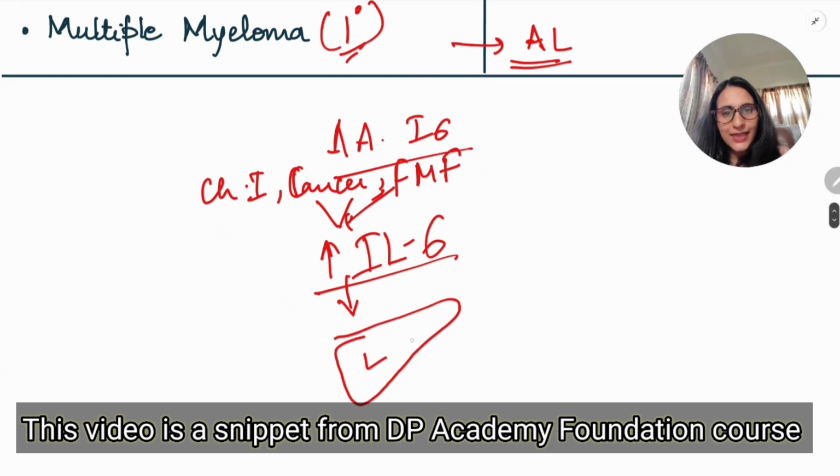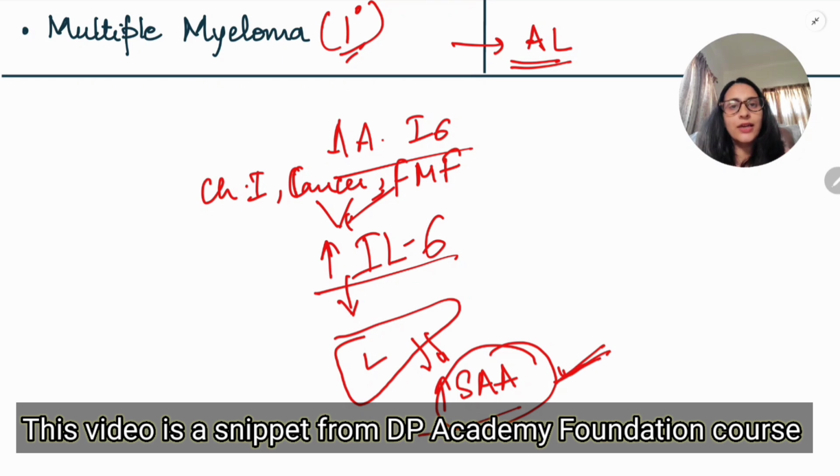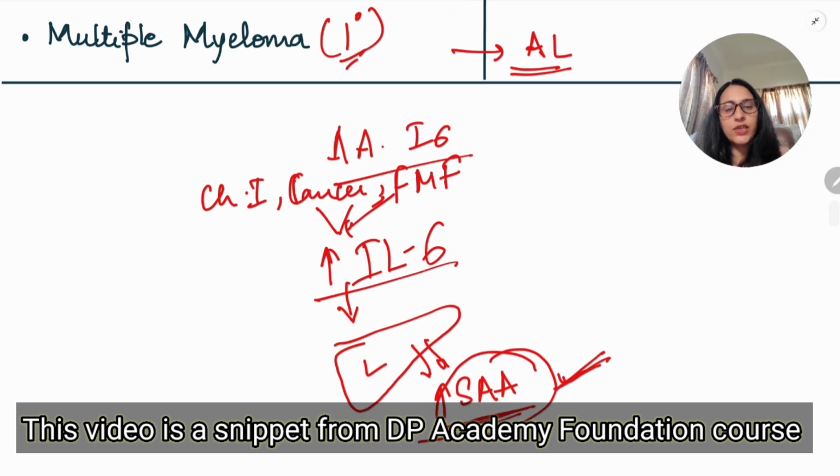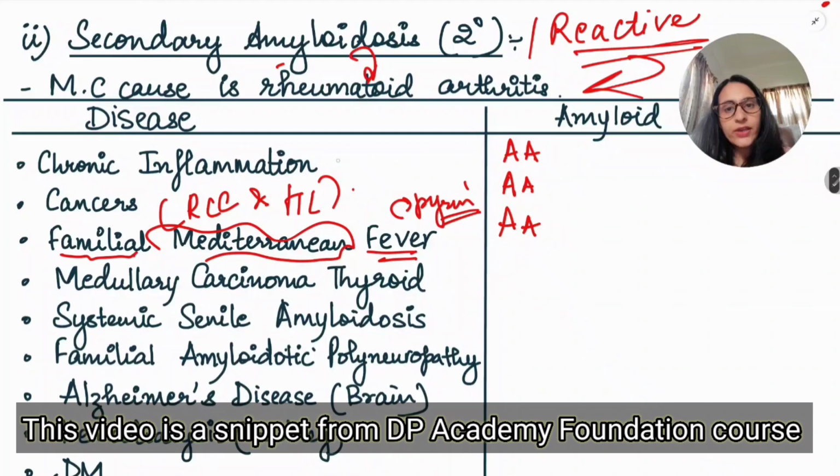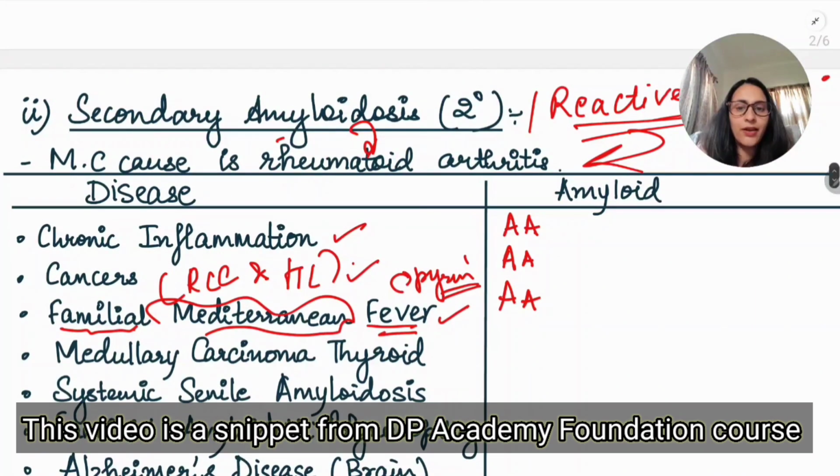In the liver, it releases serum amyloid associated protein. So all of these conditions, chronic inflammation, cancers, and familial Mediterranean fever, are amyloid that are associated with interleukin 6.